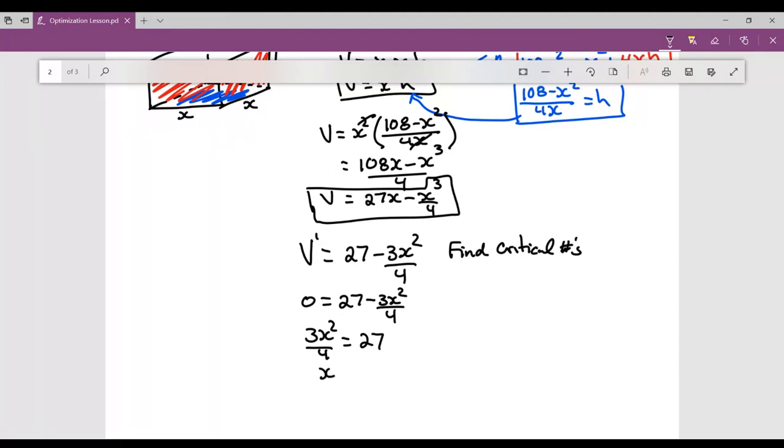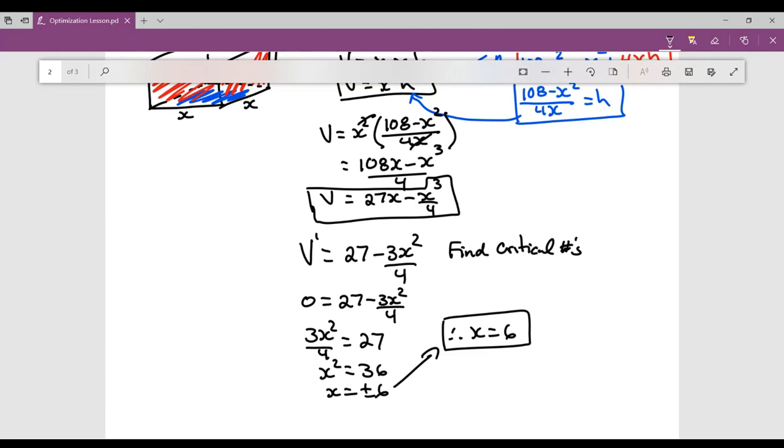Rearrange that, you're going to get x squared is equal to 36. So x is equal to plus or minus 6. Clearly the negative 6 makes no sense. Therefore, x equals 6.